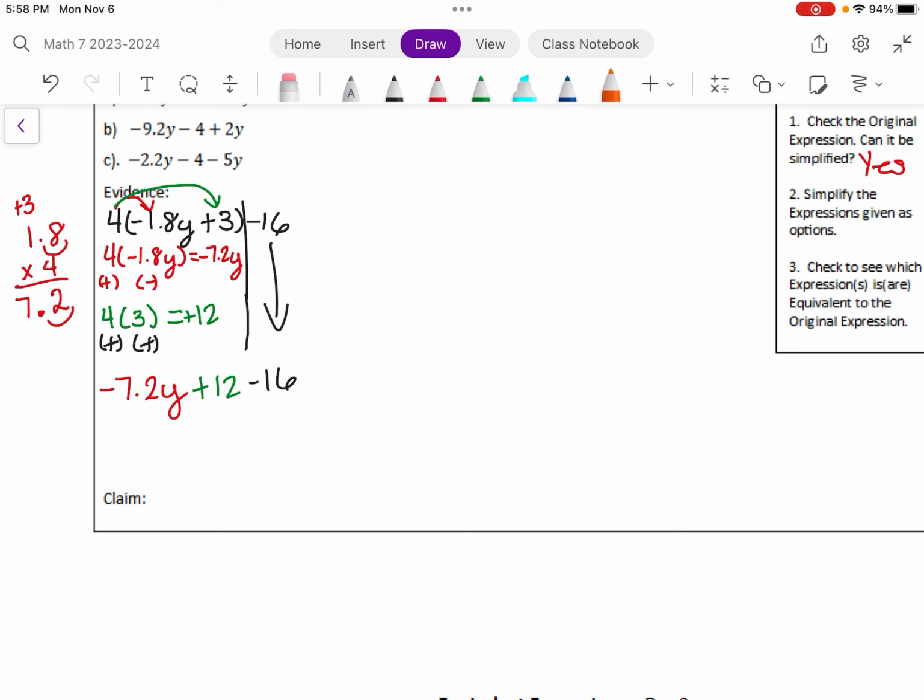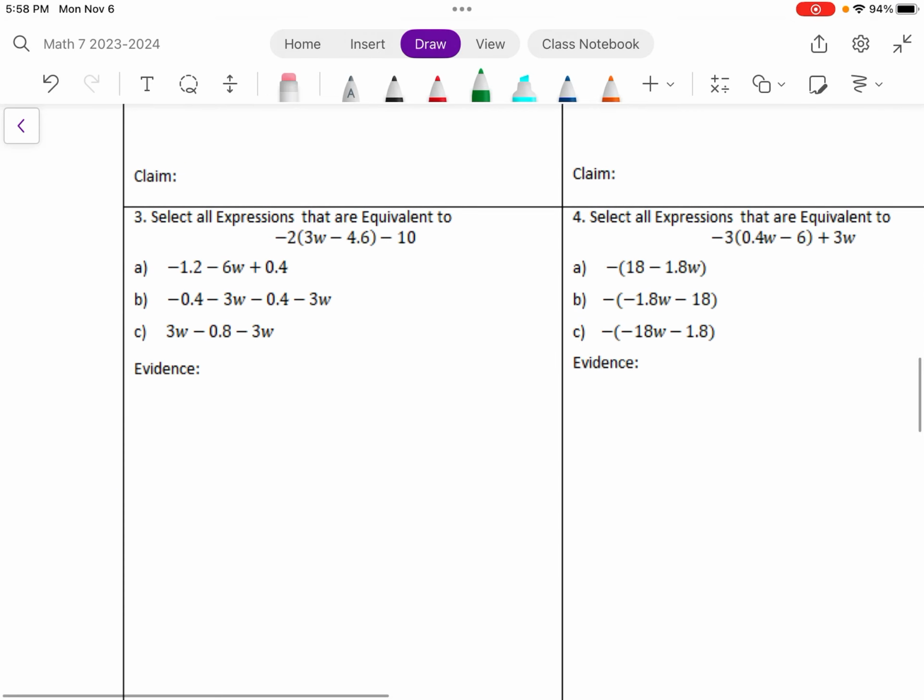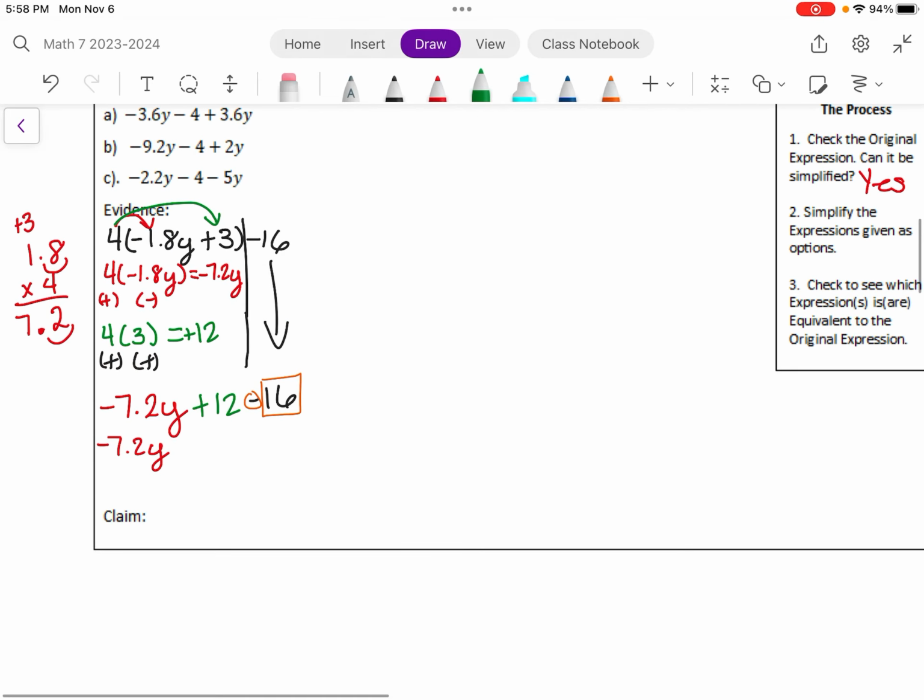If we don't know how to subtract like this, or we don't know whether our answer is going to be a positive or negative, I would suggest changing it to addition. So I'm going to circle that and box that in. This changes my expression to negative 7.2y plus 12 plus negative 16. Okay, now I can combine like terms.